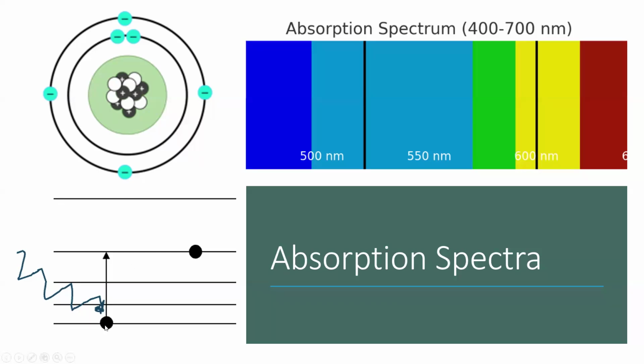But when visible light hits, the most important feature is that the difference in energy to get from this shell to this shell is a particular value. It's a quantifiable specific value. The electron can't get somewhere in between these two shells. It has to move to particular shells.